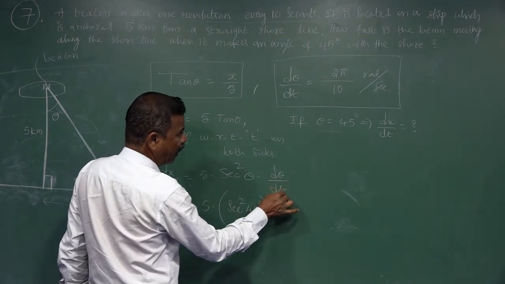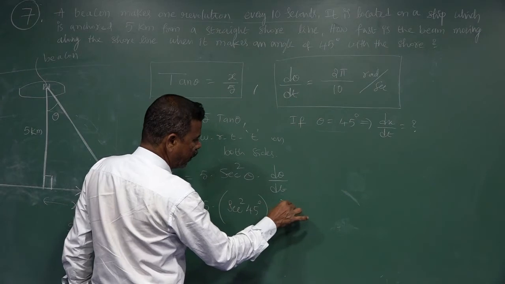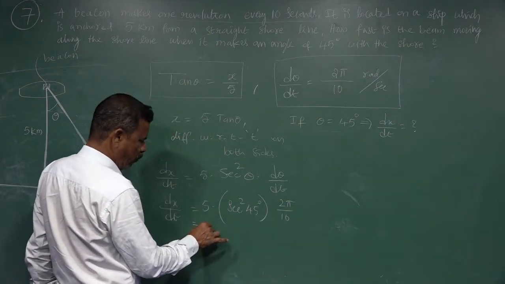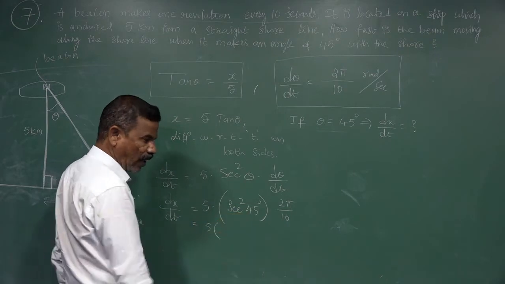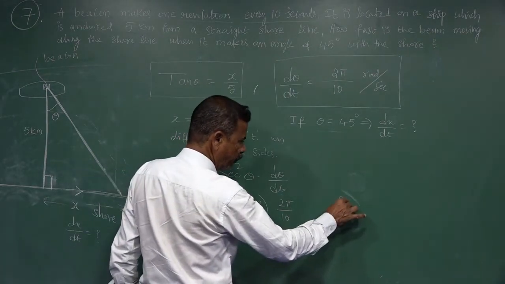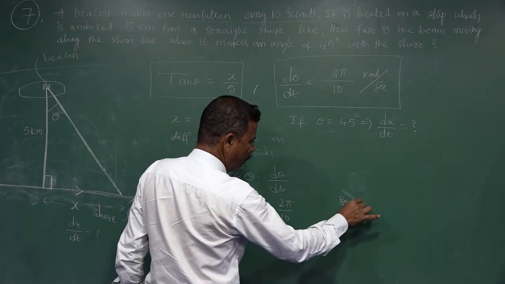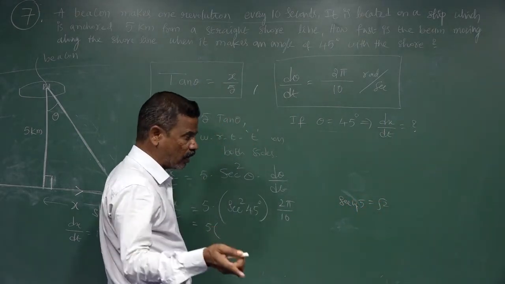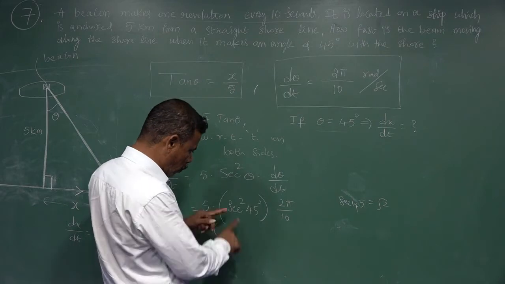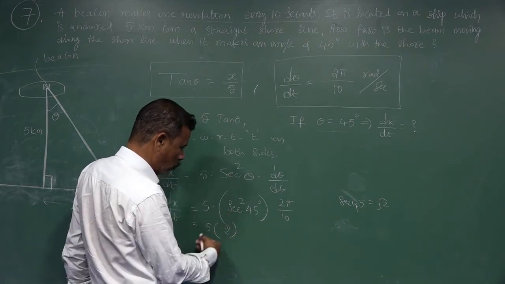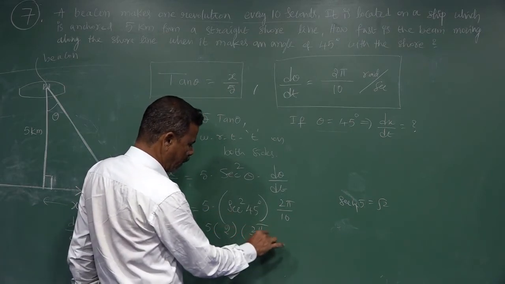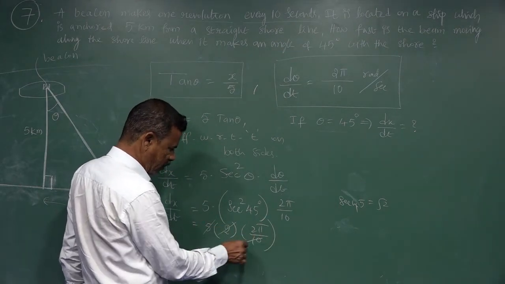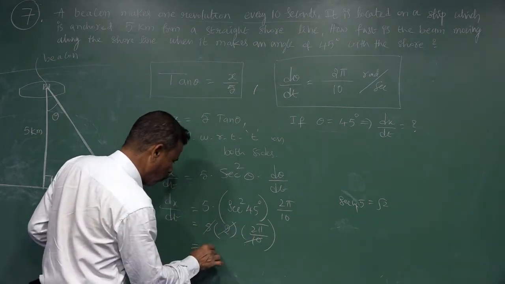Now dx by dt is equal to 5 into, where theta is 45 degrees, secant square 45 degrees, times d theta by dt, that is 2 pi radians per 10 seconds. Next, 5 into secant square 45. Cos 45 is 1 by root 2, so sec 45 is root 2, root 2 square is 2. 5 into 2 pi by 10, the 10 cancels, so it is equal to 2 pi.